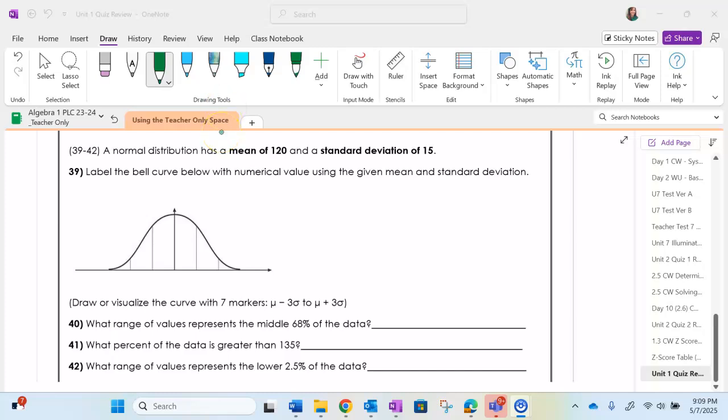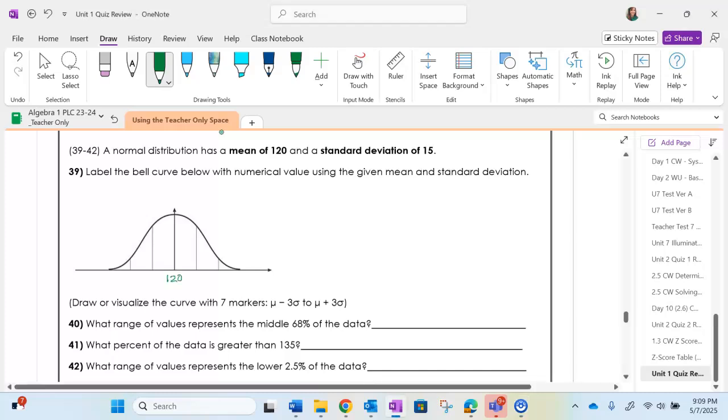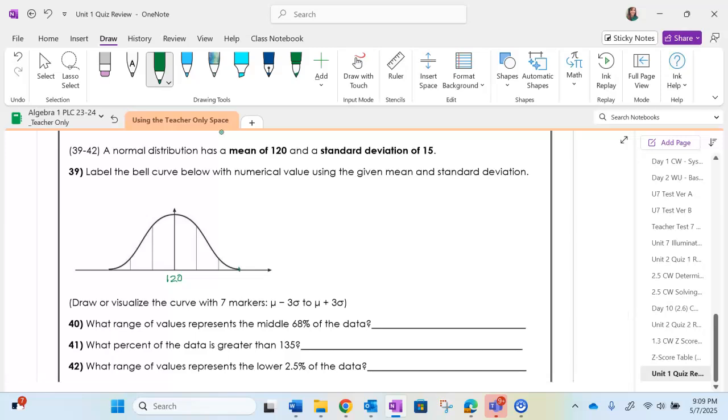So I'm going to go ahead and label this first. Just know we have the mean in the middle, which is 120. Then we have 1, 2, and this will be my third standard deviation, and then 1, 2, and our third standard deviation, because remember it's 3 standard deviations to both sides.